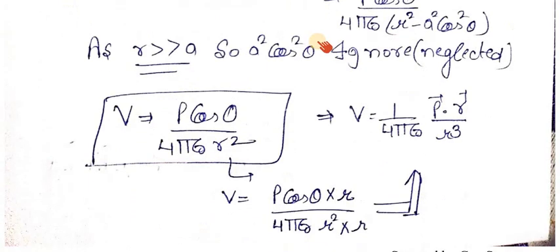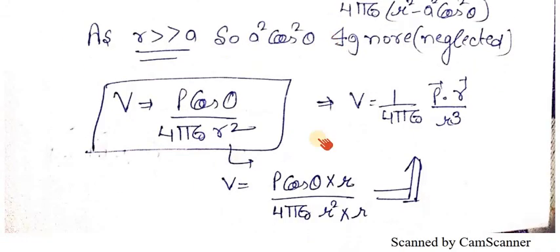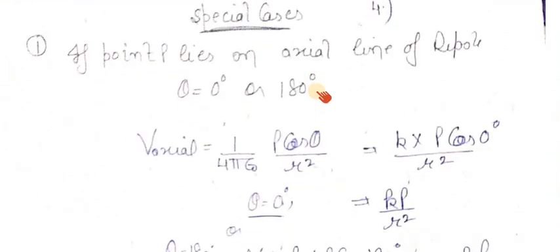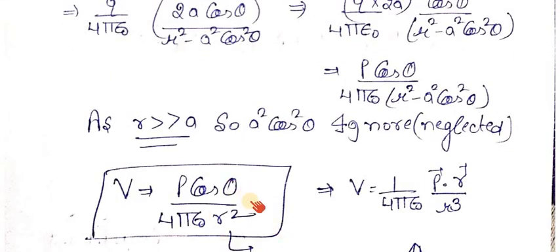Now we will discuss the cases where the point P is on the equatorial line or on the axis. If point P is on the axis, that means theta is either 0 or 180 degrees, right? So on the axial point, it is P cos theta divided by R square.